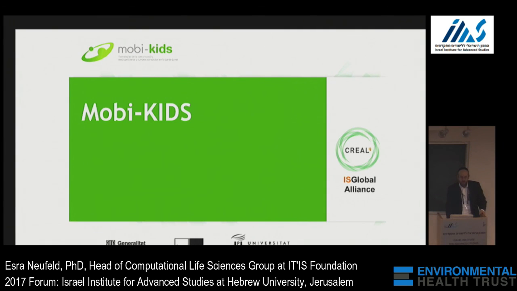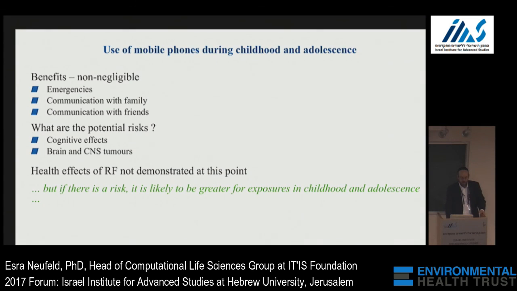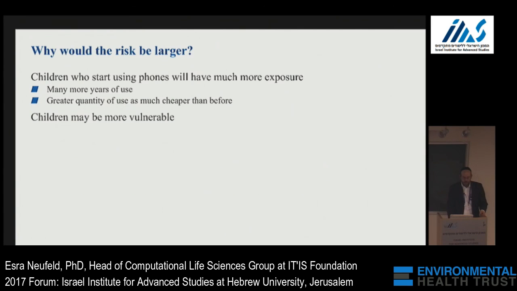And this is about some recently started projects, the MobiKids project, which is trying to look at the question of children's exposure. So they start from the idea that there are some benefits, but what are the potential risks? Knowing that we are dealing with developing tissue, with vulnerable children, and particularly also with regard to brain tumor. So they have many more years ahead.